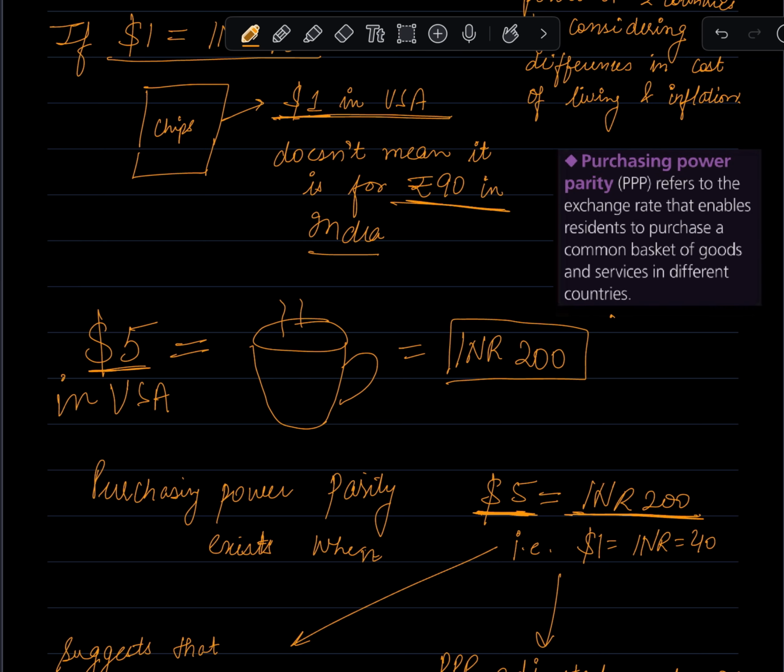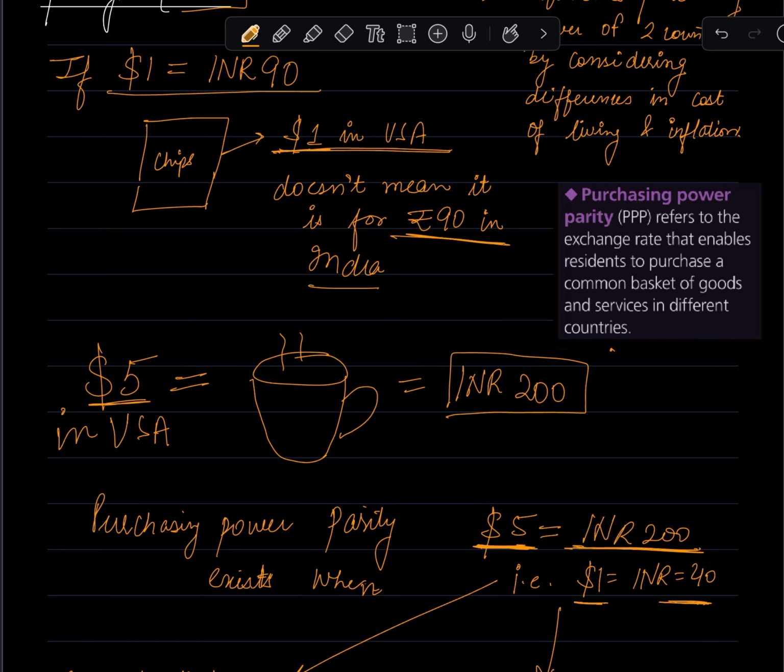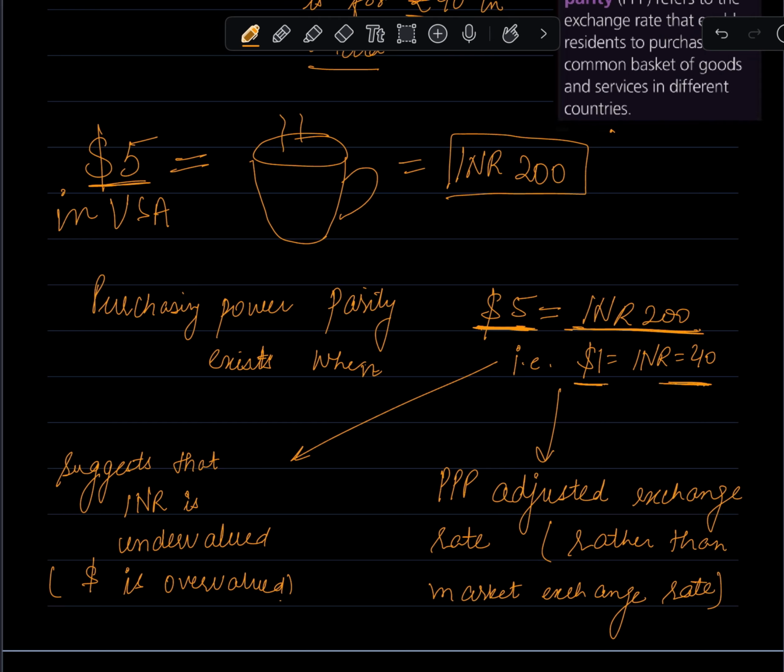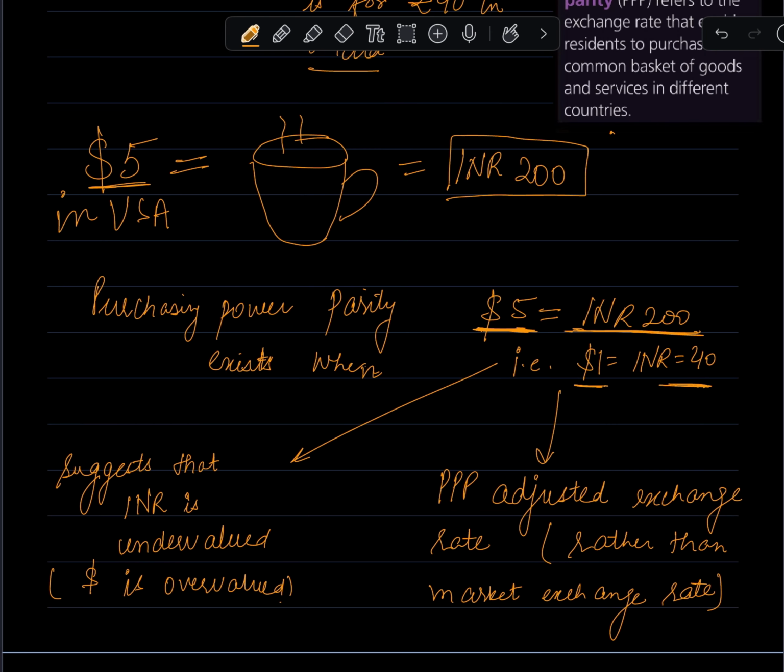It means that with $1 I can buy something that is for 40 Indian rupee. But actually the exchange rate is $1 is equal to 90 Indian rupee, which means you have to pay more in actual. It shows that INR is undervalued and dollar is overvalued.